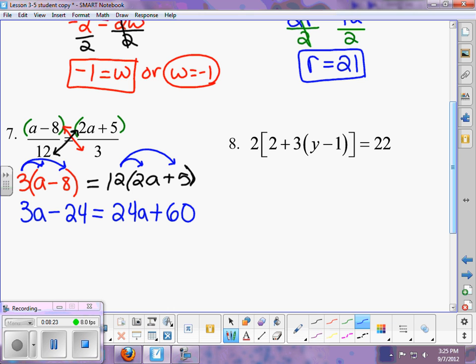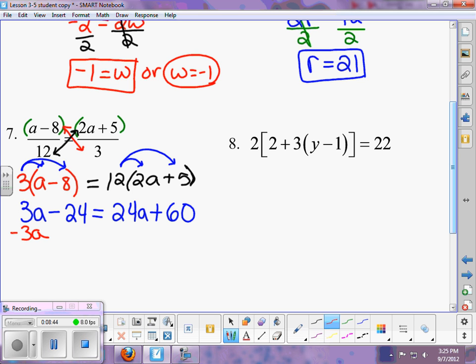At this point, we need to combine our like terms, but we cannot do that on either the left or the right. 3a minus 24 cannot be combined, nor can 24a plus 60. So we must move our variables. I'd suggest moving the 3a.